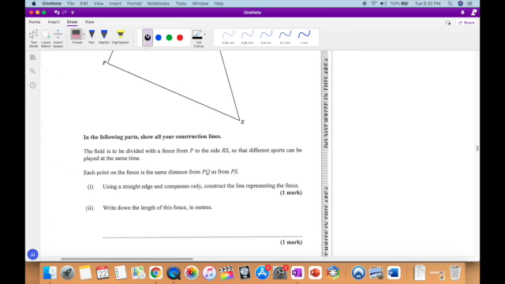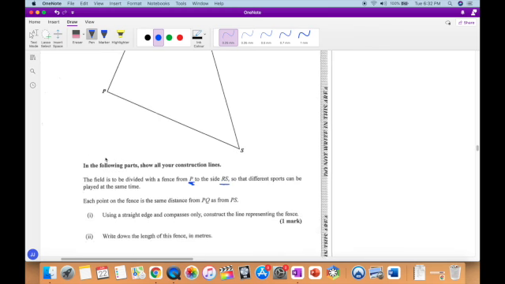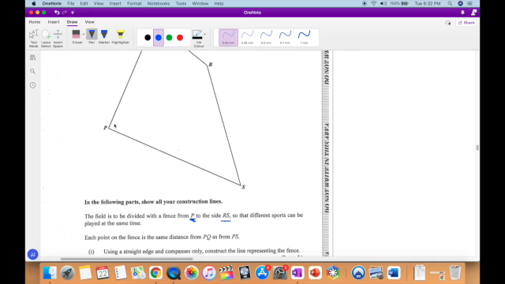So this is a construction question here. The field is to be divided with a fence from P to the side RS so that different sports can be played.